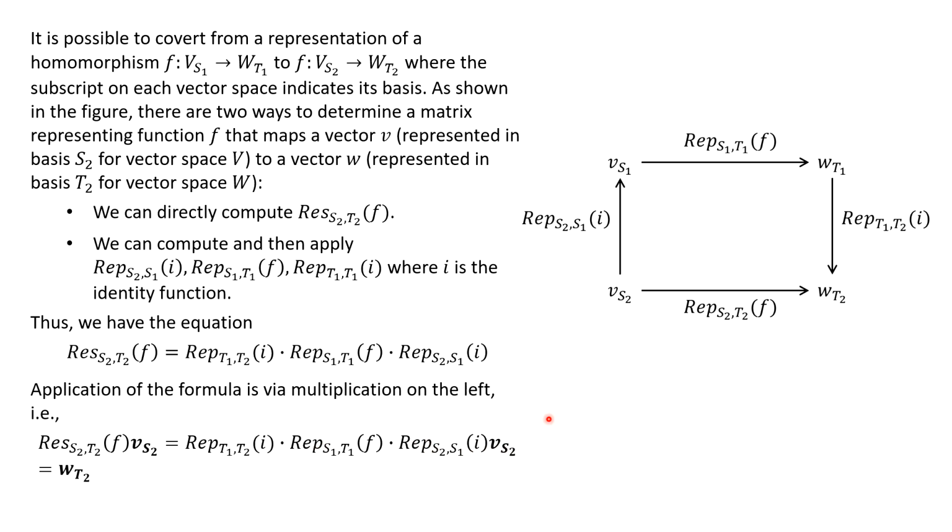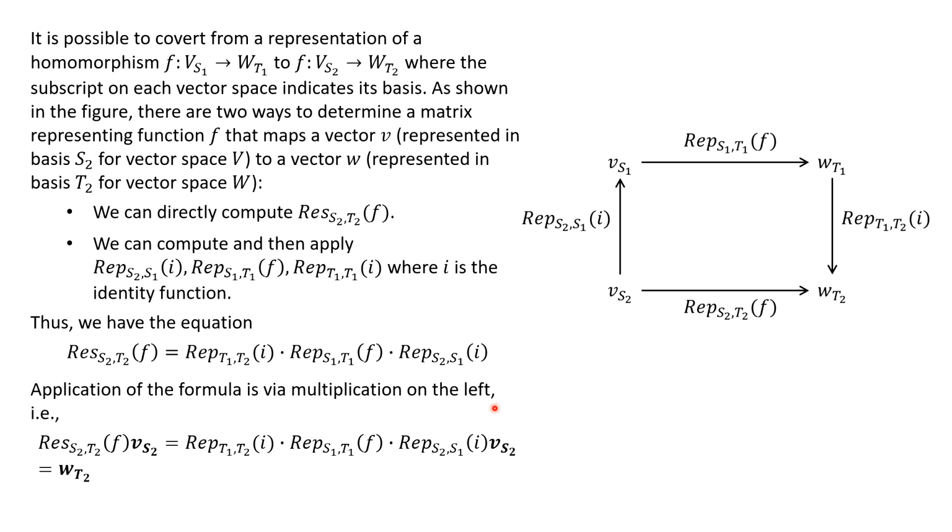So if you start with V sub S sub 2, you first apply this mapping, go from here to here, and then you apply this mapping, and then this mapping, and that gives you the same thing as applying this to V sub S sub 2. So going two different ways, you get the same result.